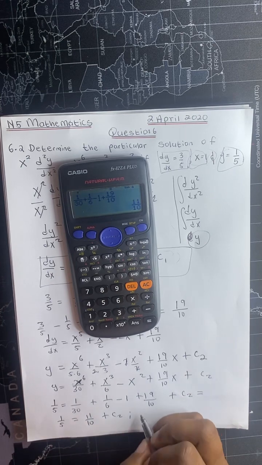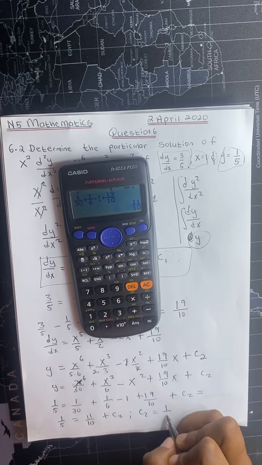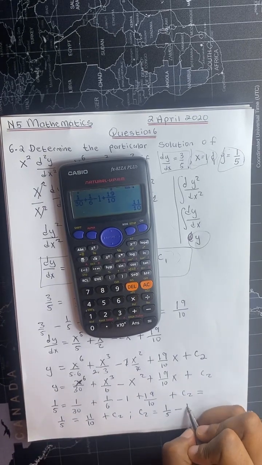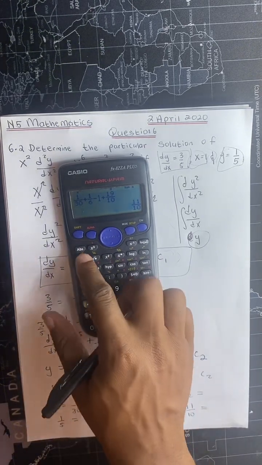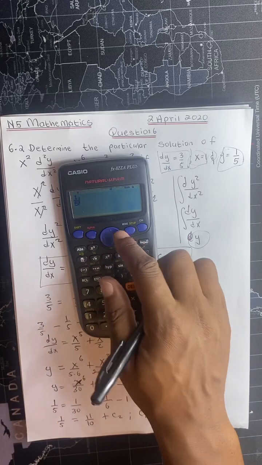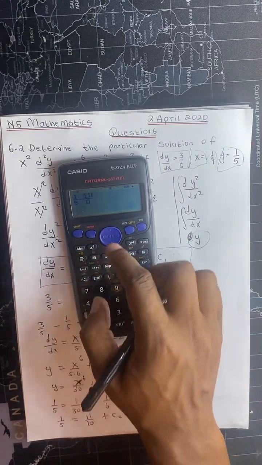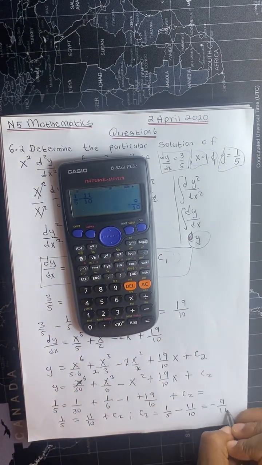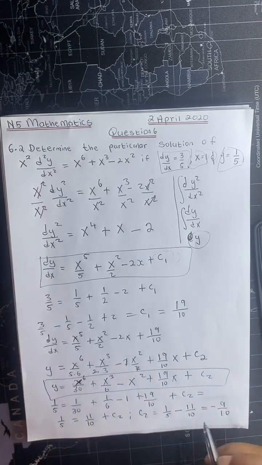So to determine the value of c2, we take this 11 over 10 to the left, and we flip the equation. So it's going to change sign to negative 11 over 10. So c2 will be equal to 1 over 5 minus 11 over 10, which is negative 9 over 10.